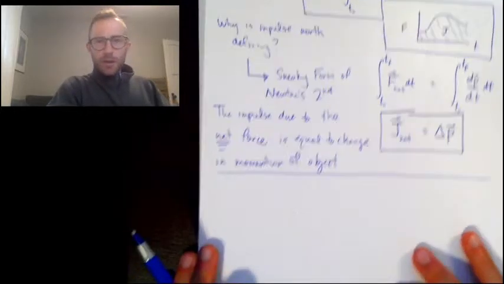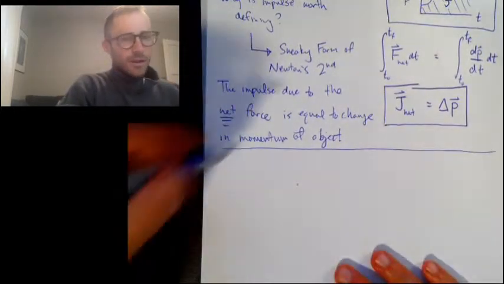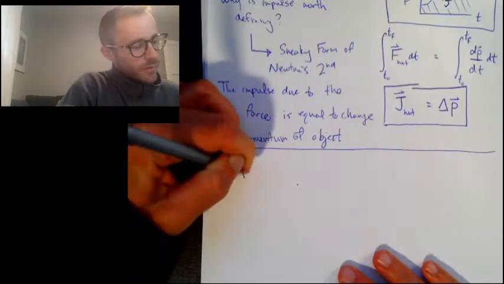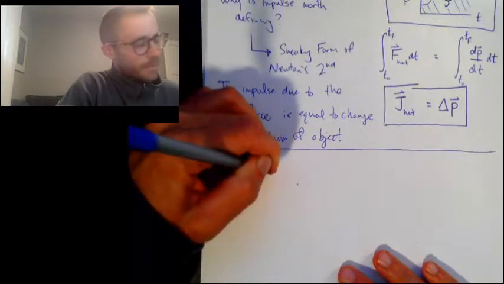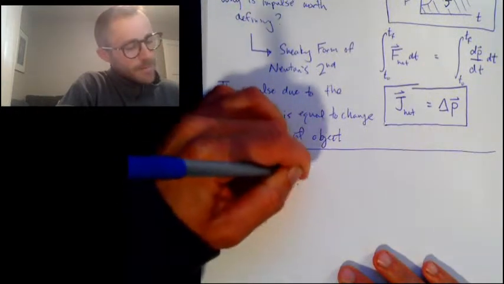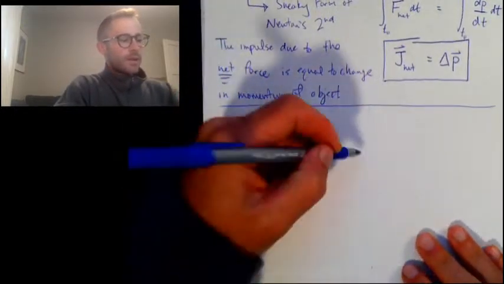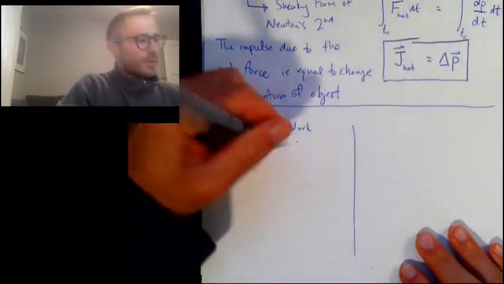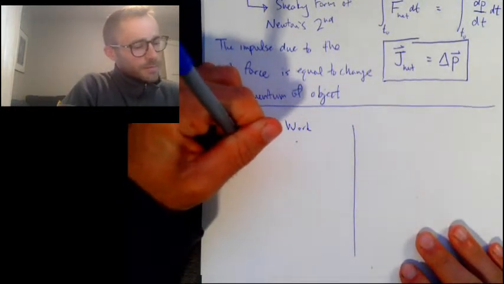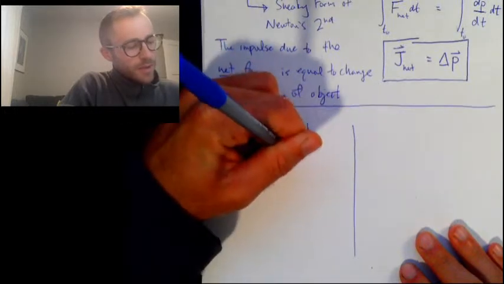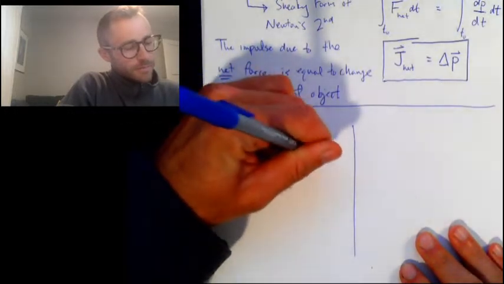So what I want to talk about for just a second is impulse versus work. These are two different things, but they're kind of closely related. If we think about impulse, J is a vector.